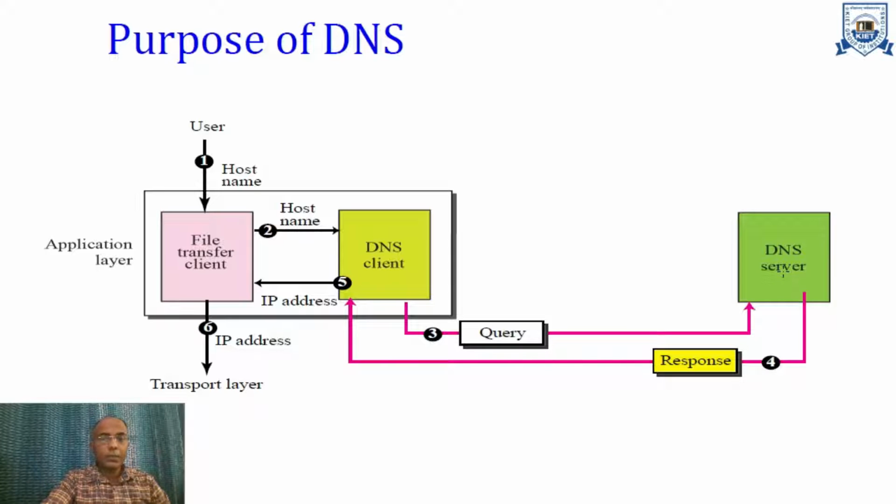So the request will be sent to the DNS server and the response will be given back to the DNS client, which will relay it back to the file transfer client, and hence the connection will be established using the IP address.